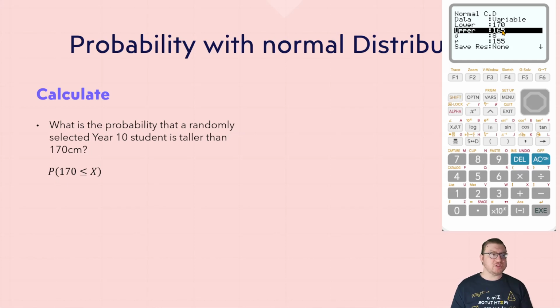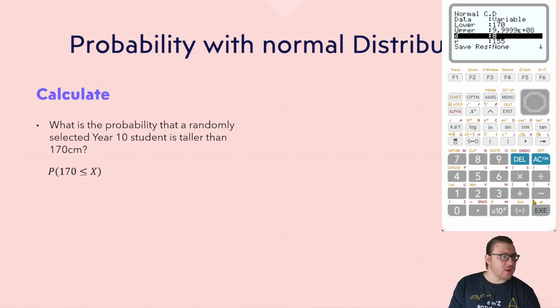You can simply just remember that if there is an open end at the top or the bottom half, we just put in really high numbers. So just type in some 9s. It doesn't actually matter as long as it's big enough to be 3 standard deviations away, which in this case already 200 would be. So now we're going to press enter and we're going to see our probability for the final answer, which is 0.03.